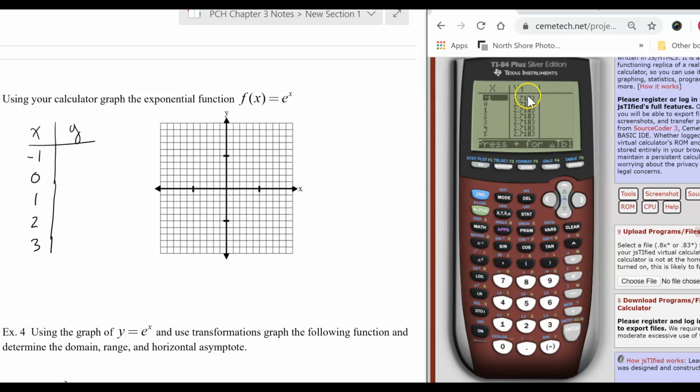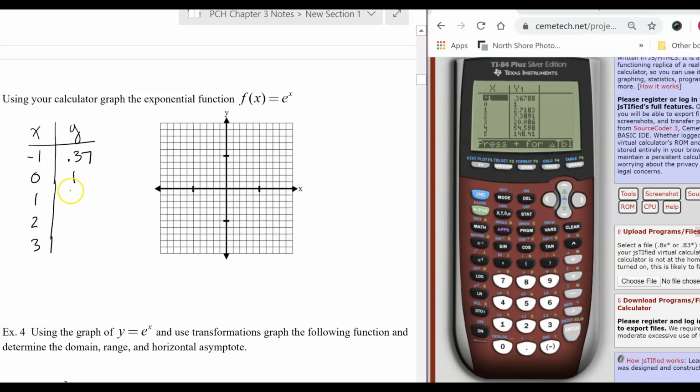Alright, so obviously I plugged in that equation wrong, so let's go back to y equals and change the exponent here to x. There we go. Alright, so at -1 we have about 0.37. 0, of course, we have 1.